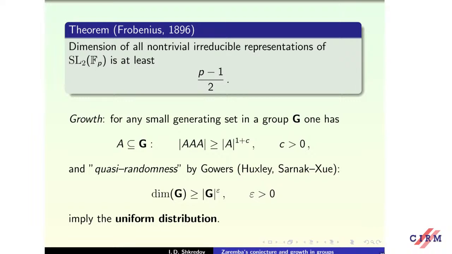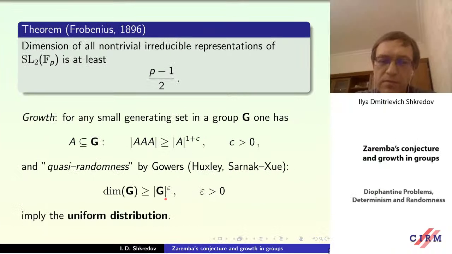And actually, they proved the very general fact that if I have growth in Helfgott's sense, plus I have quasi-randomness in the sense of Gowers, which means that the dimension of all nontrivial representations is greater than the size of the group G to the epsilon, then actually these two facts automatically imply the uniform distribution.